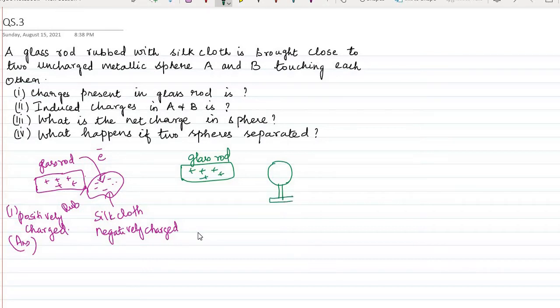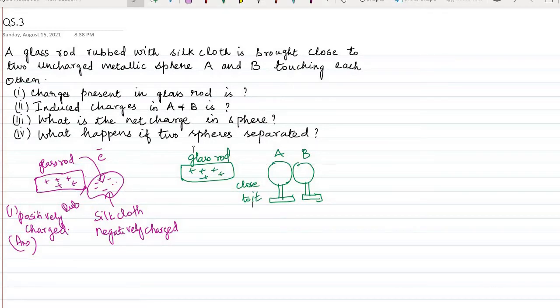The two spheres are touching. So let the spheres be A and B, as given in the question. Now the glass rod is brought in close to it.